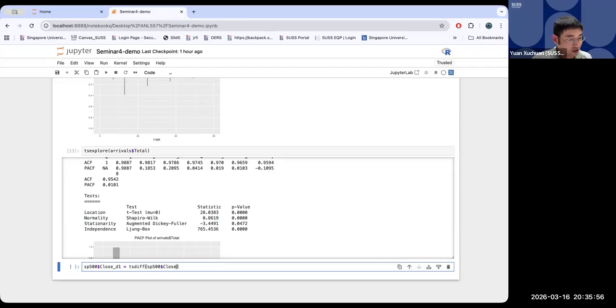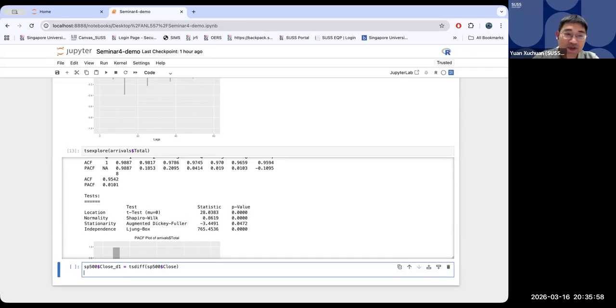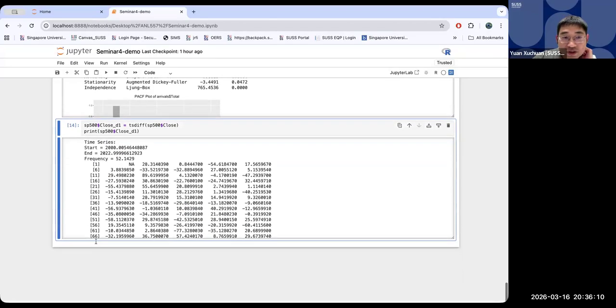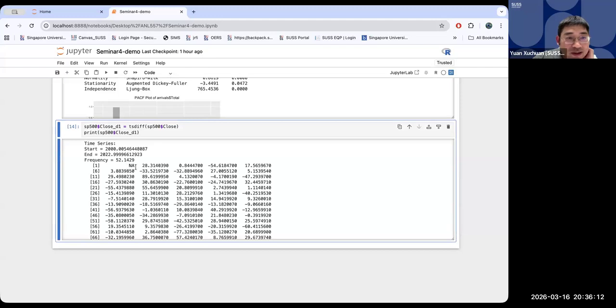So this will give you a new time series, D1. Here the first observation will disappear because you use y2 minus y1, so you don't have an observation at the start of this time series.